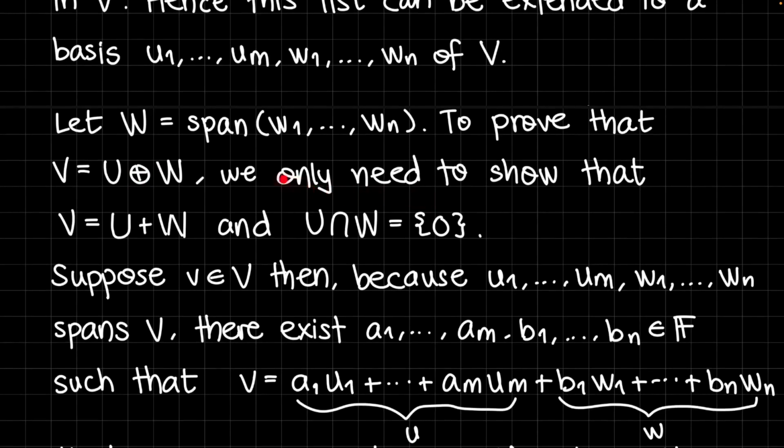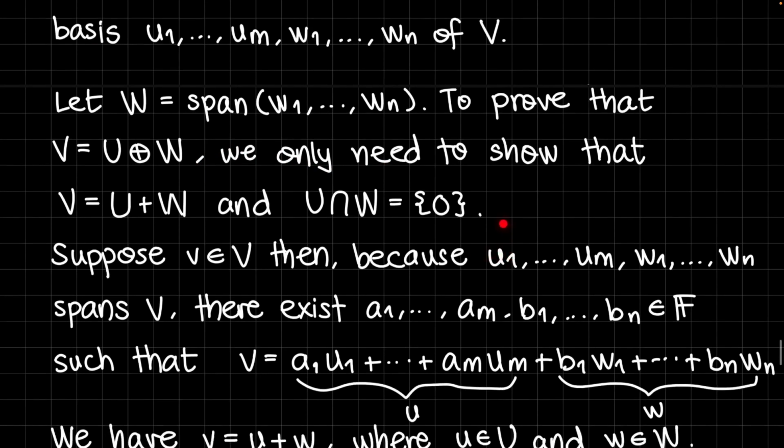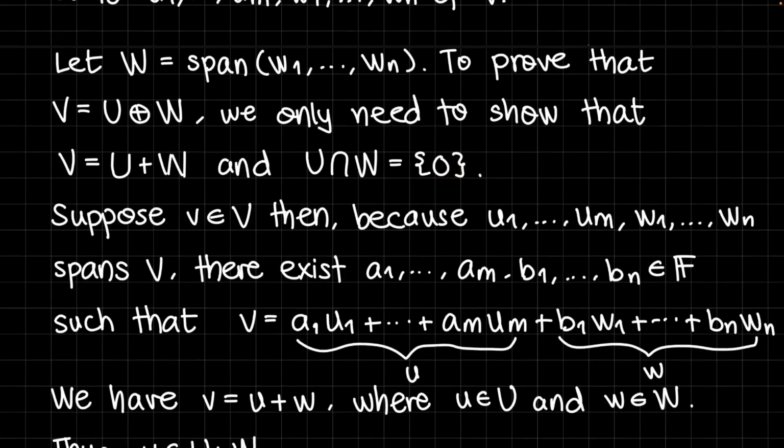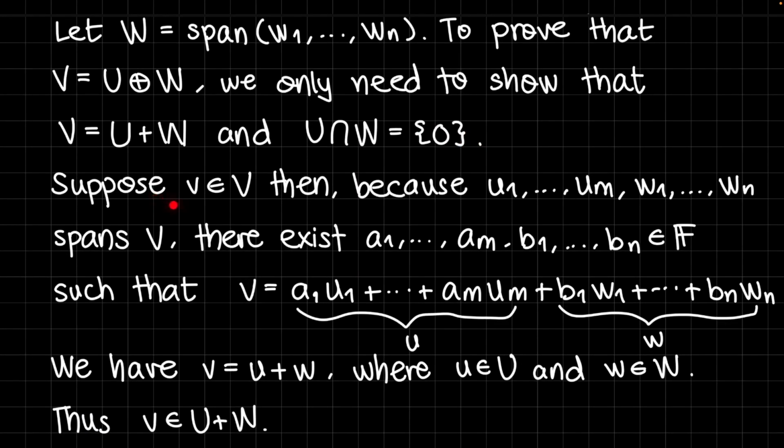So to show that this is a direct sum, we need two things based on the video on direct sums. That V equals U vector space sum with W, and that the intersection of U and W must be the trivial vector space, which is 0. So suppose v belongs to V, then because u1 through um, w1 through wn spans V. Why does it span V?